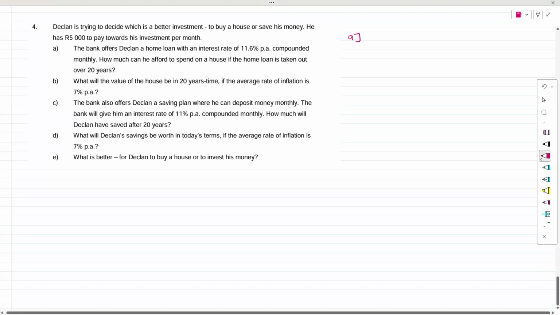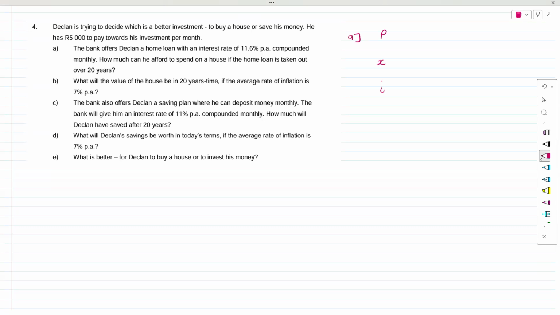The bank offers Declan a home loan with an interest of 11.6% per annum, compounded monthly. How much can he afford to spend on a house if the home loan is taken out over 20 years? The fact that they said home loan, automatically you and I should know this is present value. So this was 20 years and he's getting compounded monthly times 12, which is 240.